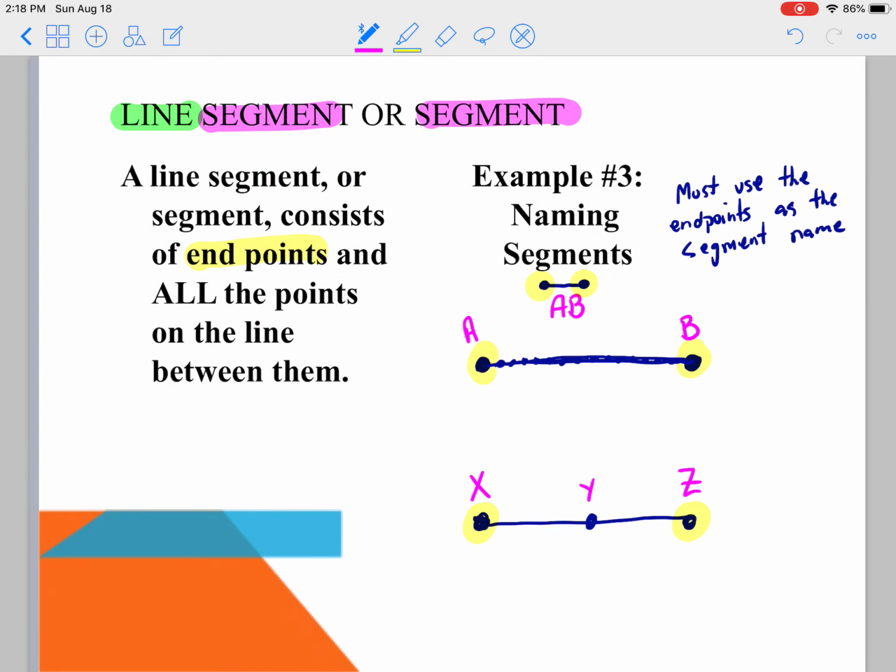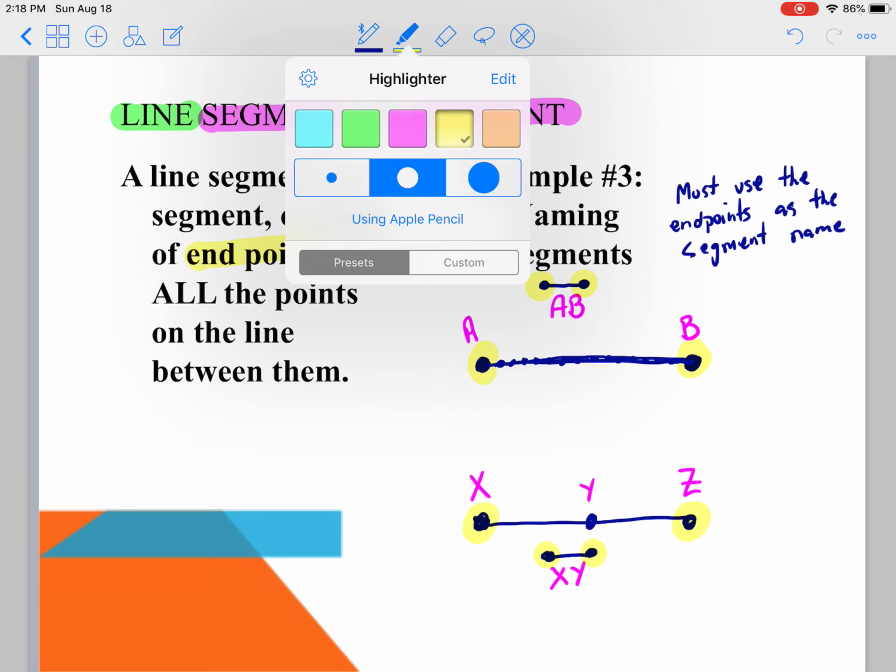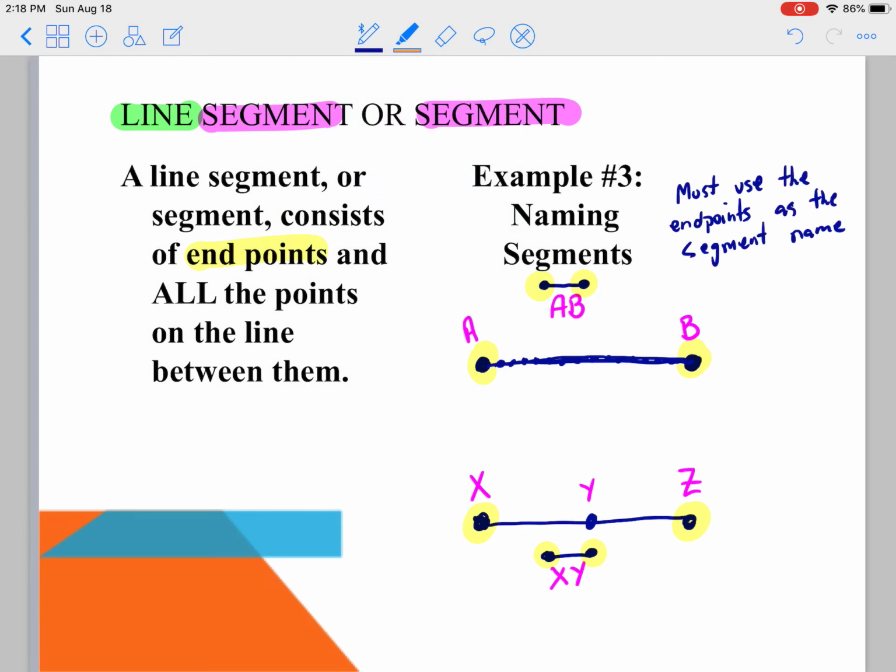So if I were to name a segment XY, I want to show that it is a segment, so I'm going to put endpoints in the notation. I am actually referring to the portion of the segment between X and Y. That is all that I am referring to when I name a segment. That portion of the possibly larger segment.